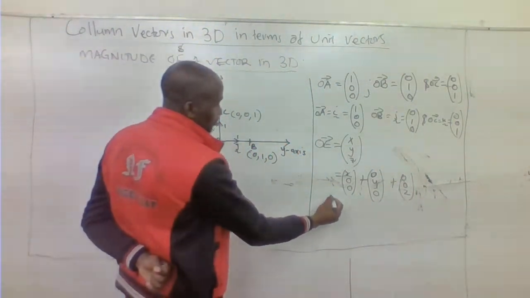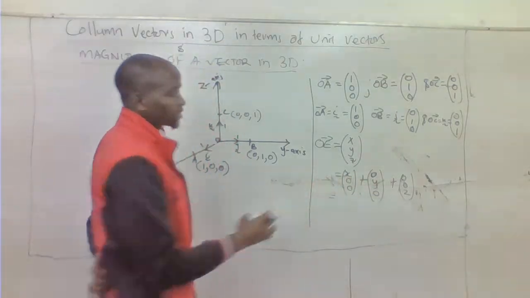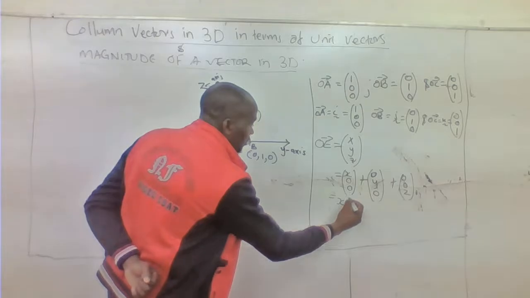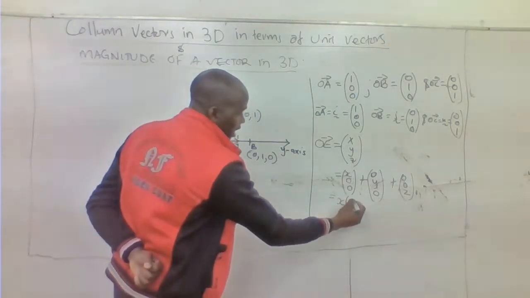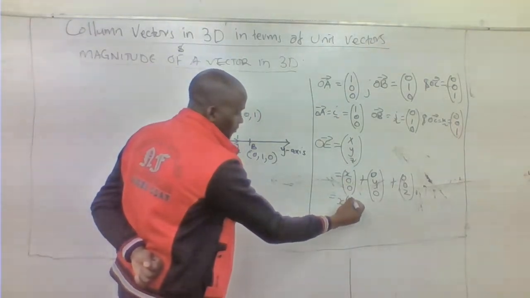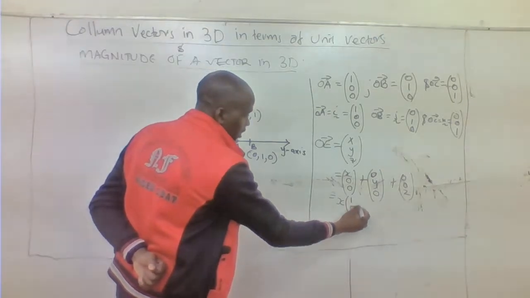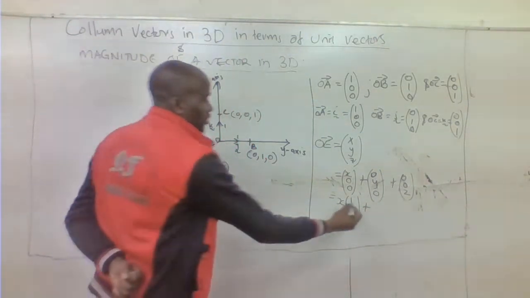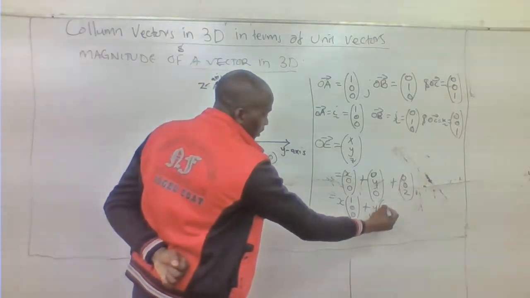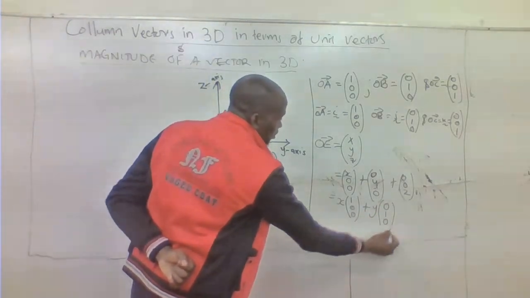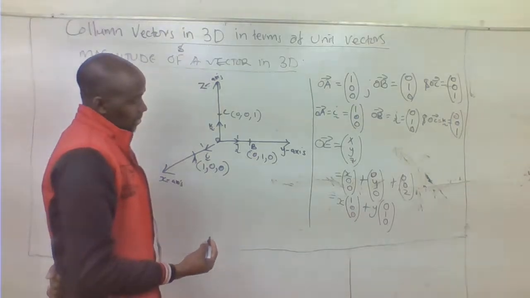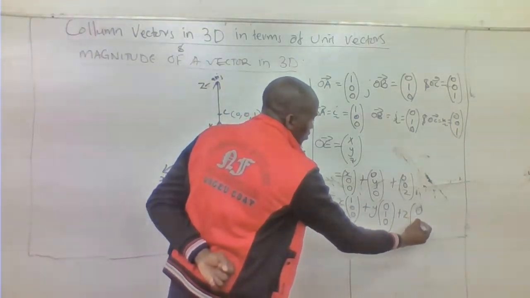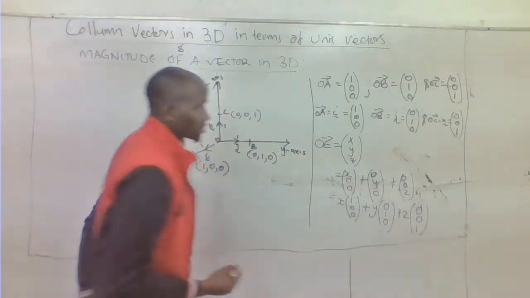Then we can factor out these values x, y, and z, so that we have x times 1, 0, 0, plus y times 0, 1, 0, plus z times 0, 0, 1.